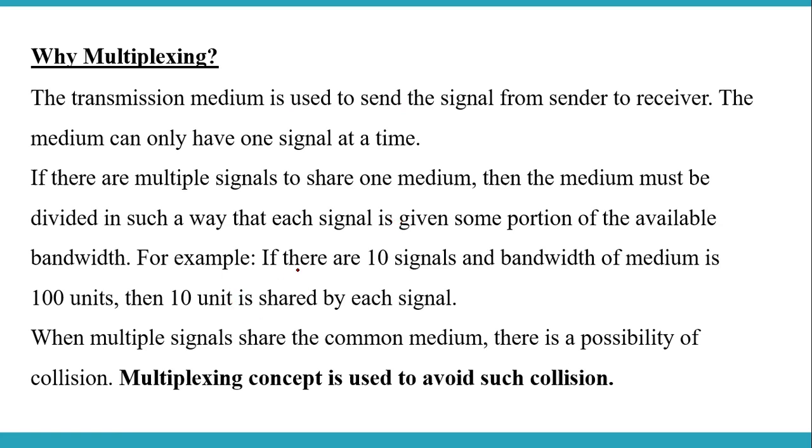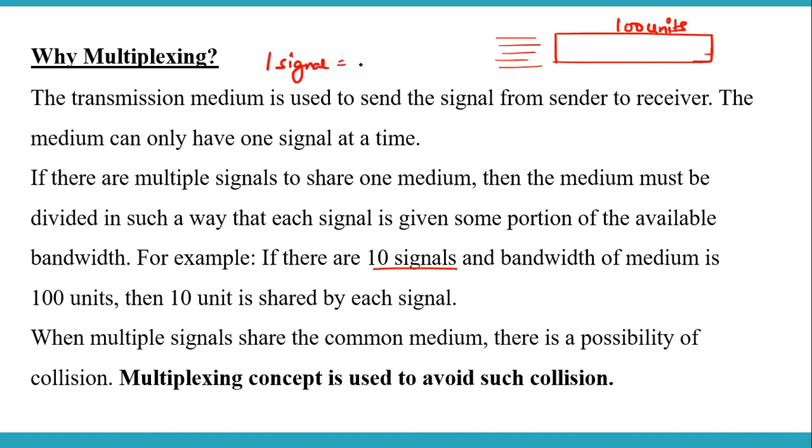What they're trying to explain here: if this is your medium, and you want to send 10 signals, and the bandwidth of the medium is 100 units. So when I have 10 signals and bandwidth is 100 units, it means that one signal can take how many units? One signal can take bandwidth of 10 units only, right?